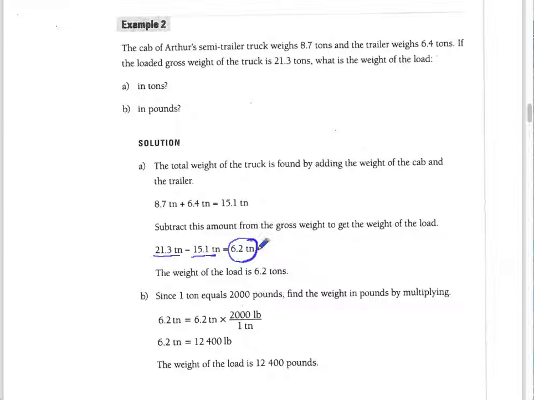And in part B, they want the answer in pounds. So we can take our 6.2 tons and multiply it by 2,000 pounds for every ton. Notice here, tons cancels. And doing this calculation, we get 12,400 pounds.